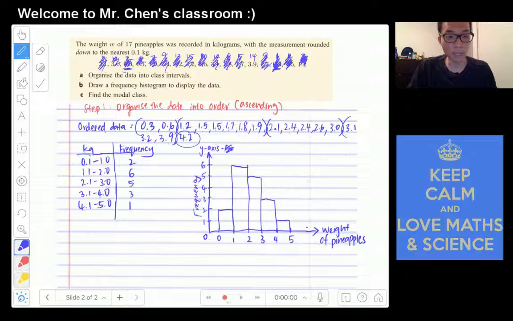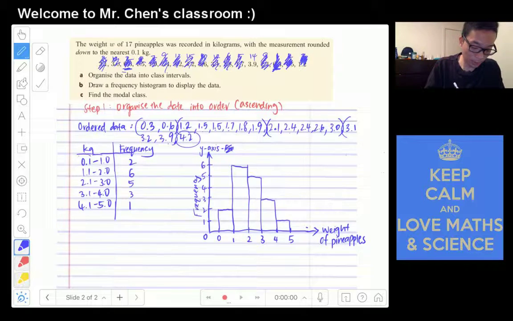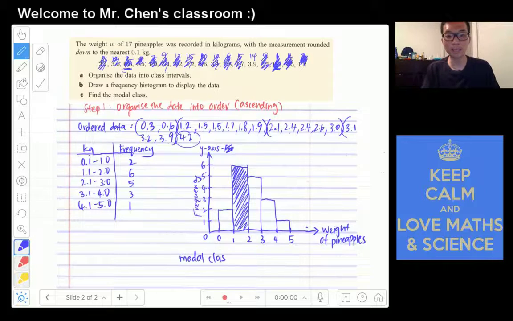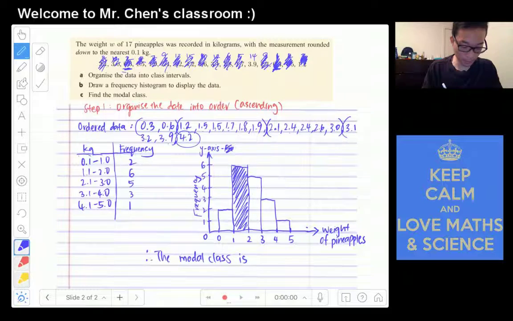Here you go. That's roughly how your frequency table looks like. And they will ask, last question C, find the modal class. The modal class is the one that occurs the most, which is this one, which has the highest frequency, which means most data is lying in that one. So the modal class is 1 to 2 kg.